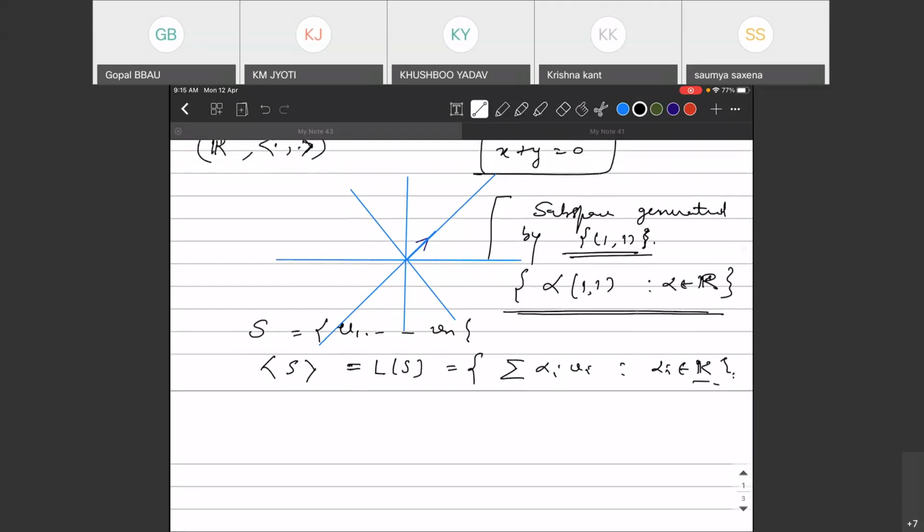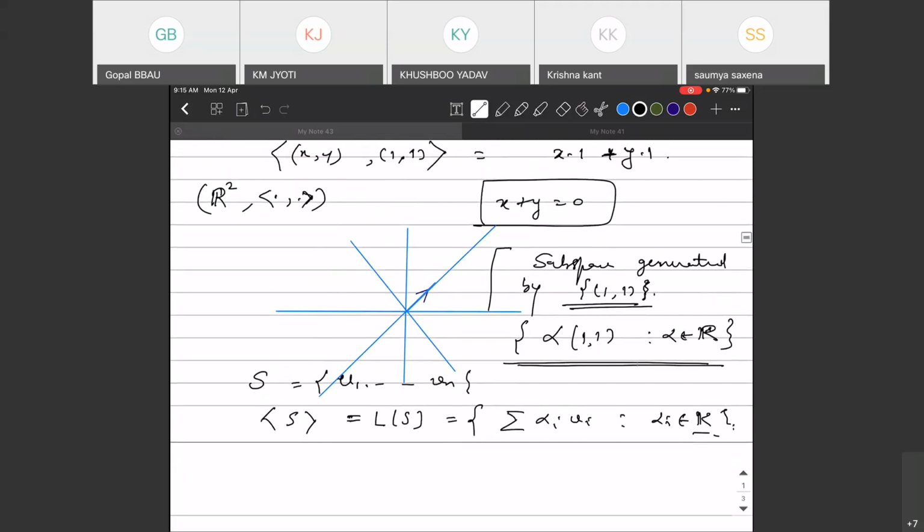From here you can observe that this subspace is nothing but the span of 1 comma 1.